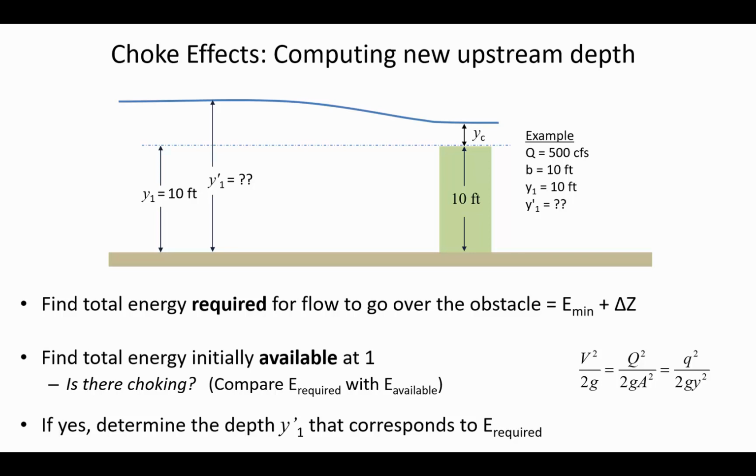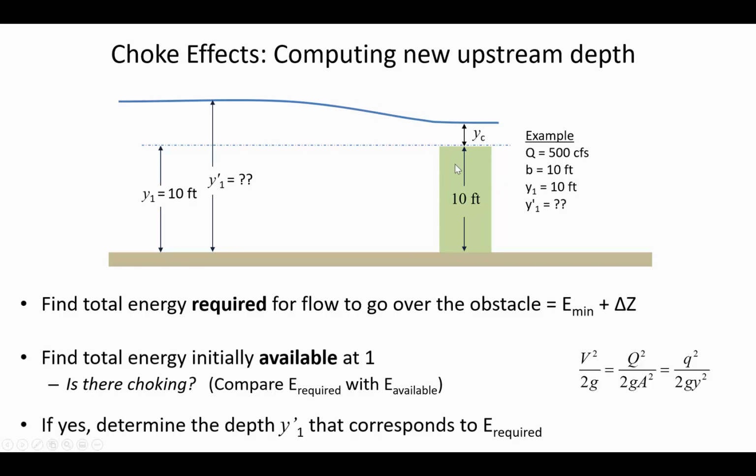But what we'll do first is we'll determine whether there is going to be choking. So we'll compare the required energy to how much available energy there is upstream initially. We can tell just from inspection that 10 feet is too high of an obstruction. But we'll go through the more generally applicable paces here, because what if it had been 8 feet?